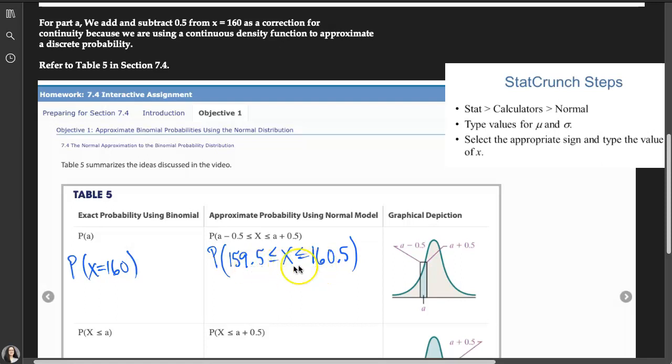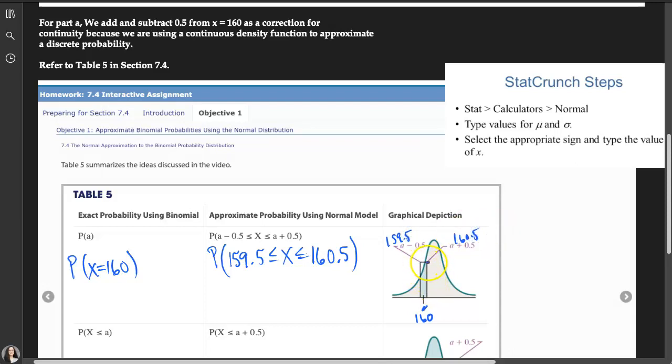In other words, I now have this small area that I'm going to look for between 159.5 and 160.5. Graphically, that shows up over here: this is exactly, let's say, 160, and what we're going from and to is 159.5 to 160.5.